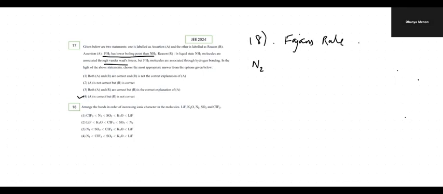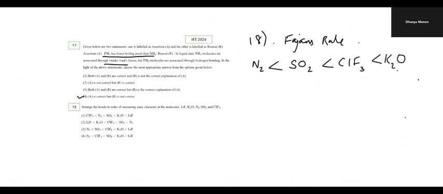Then the next one is sulfur dioxide, which is slightly polar. Again, the next one will be ClF3, which will have some amount of polarity because of the high electronegativity of fluorine. Then I have K2O.